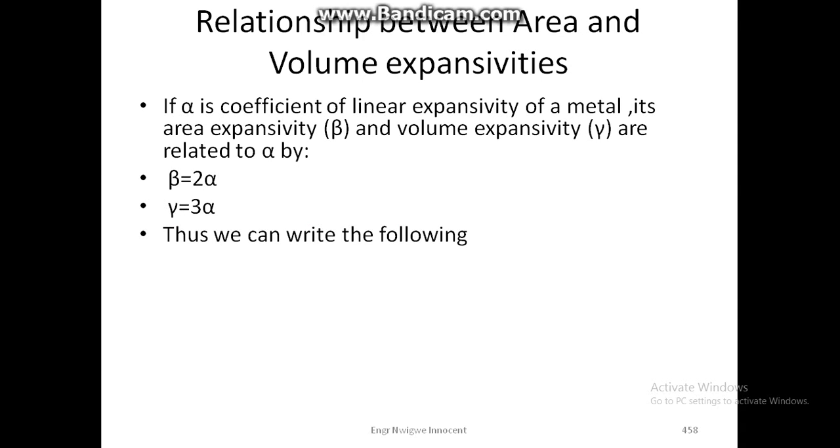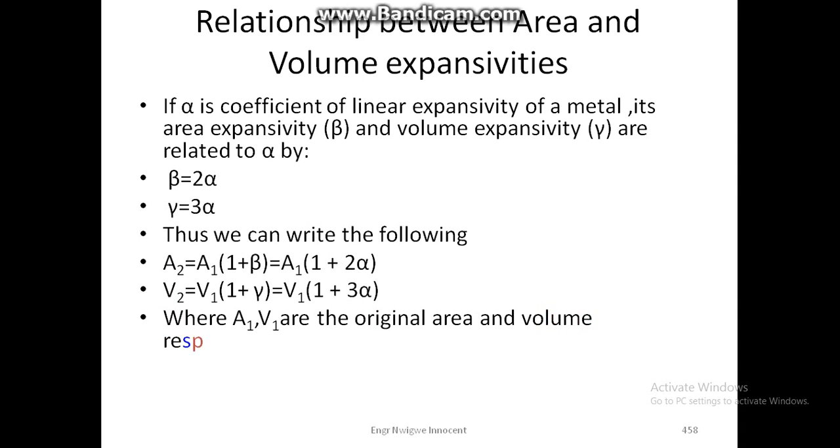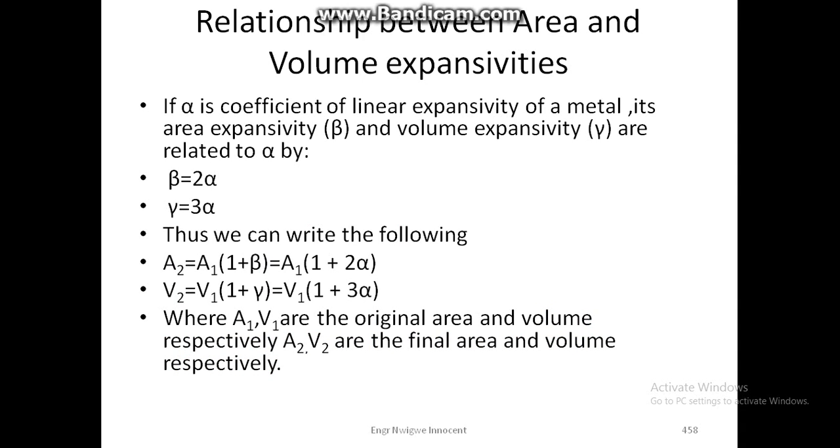V2, which is volume after expansion, is equal to volume before expansion in bracket 1 plus gamma, which is also equal to volume before expansion in bracket 1 plus 3 alpha, where A1 and V1 are the original area and volume respectively. V2, A2 are the final area and volume respectively.